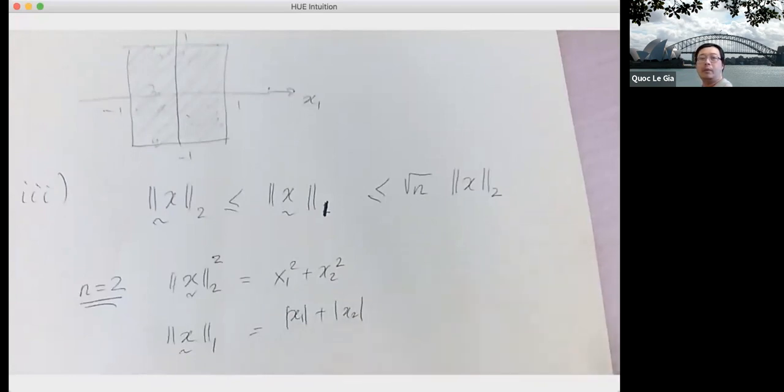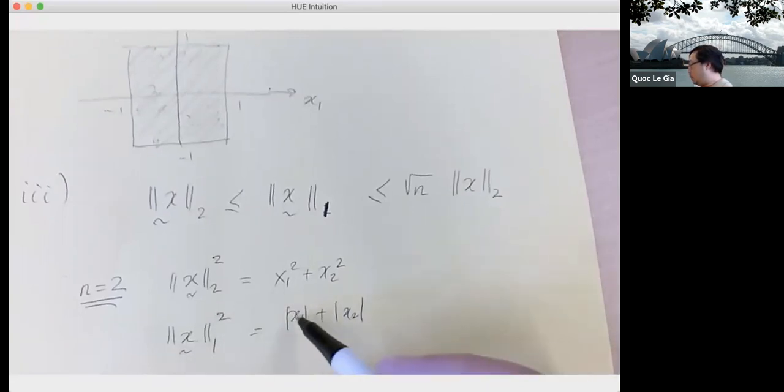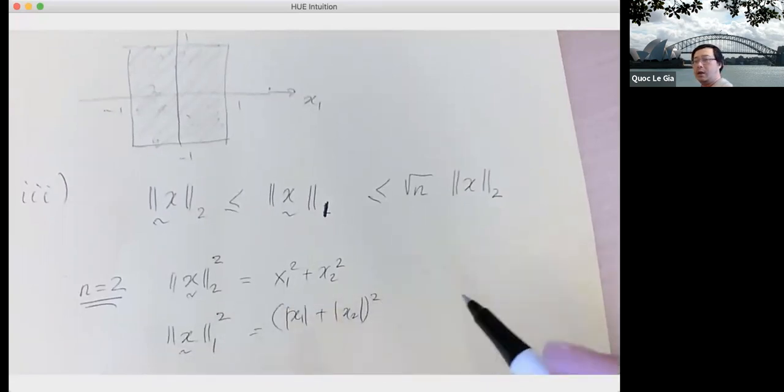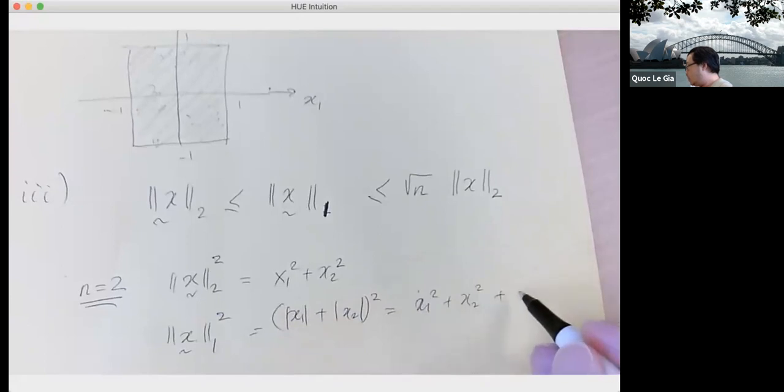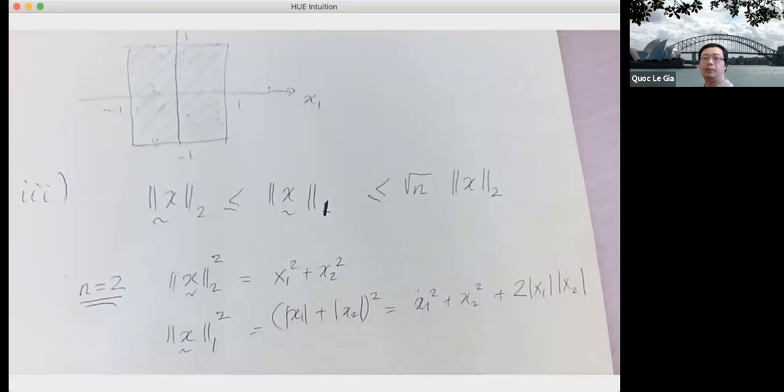Okay. And now if I square this, then what do I have? Then I have x1 square plus x2 square plus 2 times the absolute value of x1 times the absolute value of x2. Right?